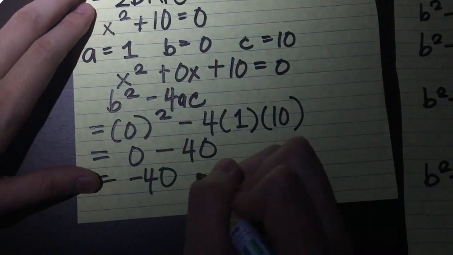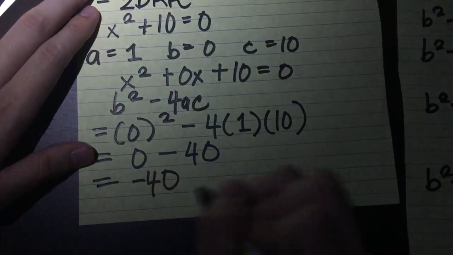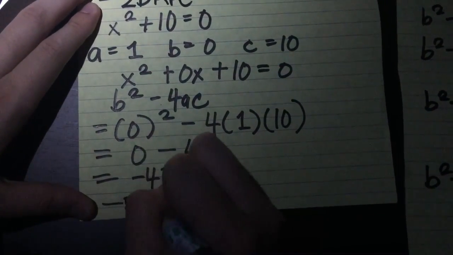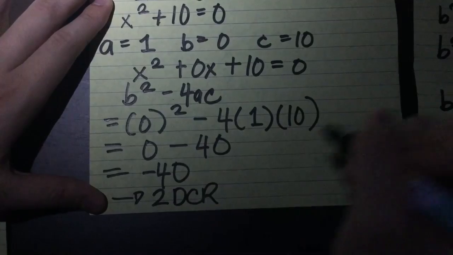Since that is negative, it is less than 0, so it's 2DCR.